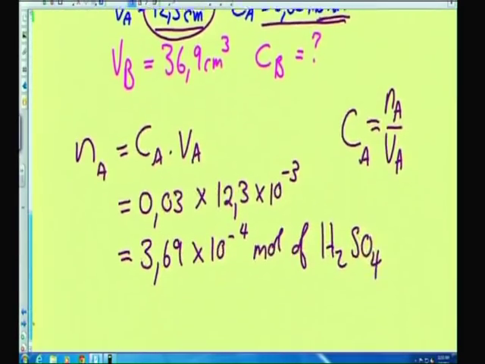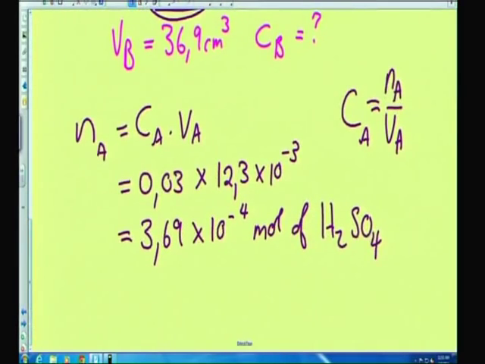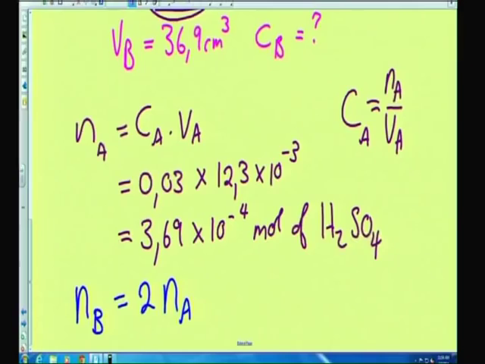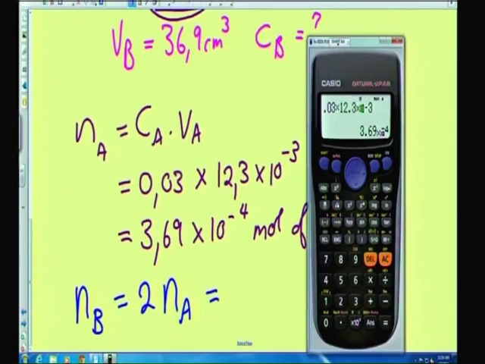So the number of moles of base that is going to neutralize this is equal to twice the number of moles of acid. How did I get that? Because I see the ratio from the equation is 1 acid, 2 base. So the moles of base is not going to be that.